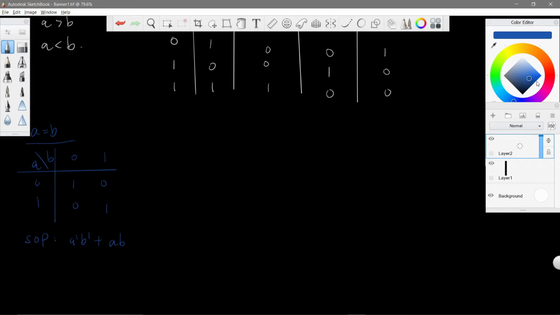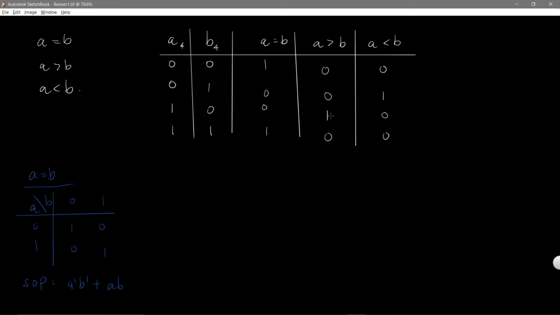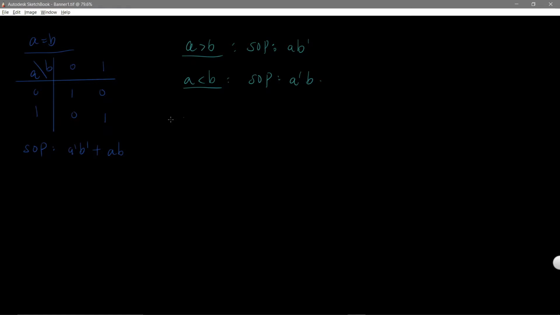It is very simple; you don't need a Karnaugh map to determine the expression for both of these cases. In A is larger than B, you can see that it is A and B', so the expression is simply AB'. The same thing applies for the other case. So you now have these three expressions for the three outputs for the bits A4 and B4.